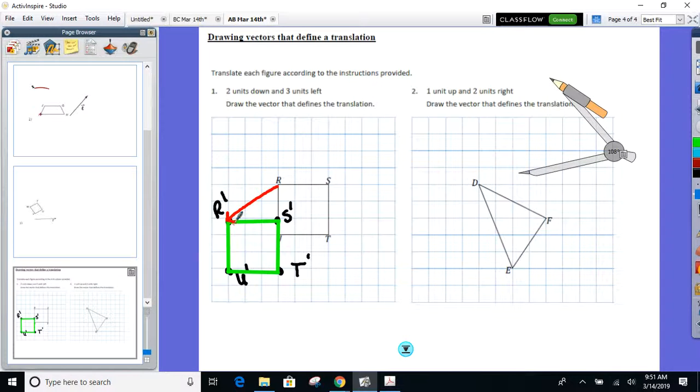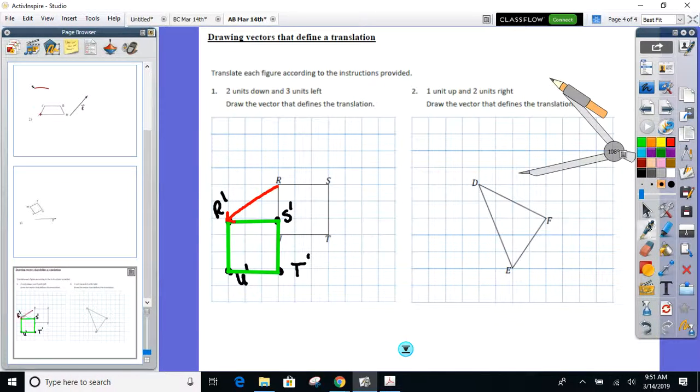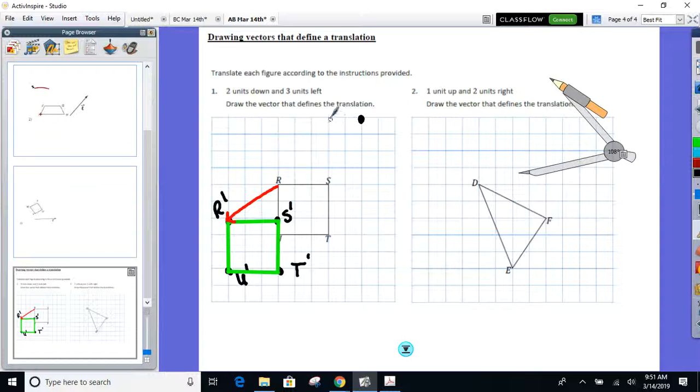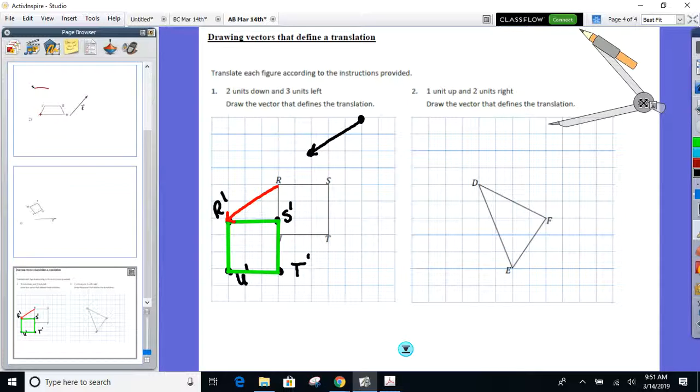Is that always what you have to do? No. If you want to go away from the figure and just put a point, and from that point you go 1, 2, 3 to the left, 1, 2 down, and draw it that way, that is acceptable as well. That shows me the distance and the direction. And then go ahead and do the same thing with the triangle EDF.